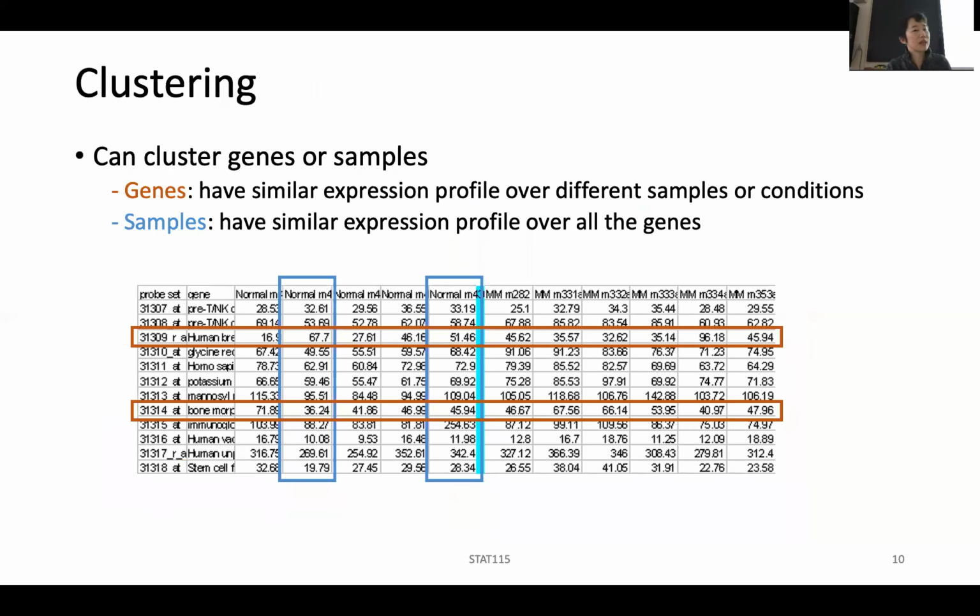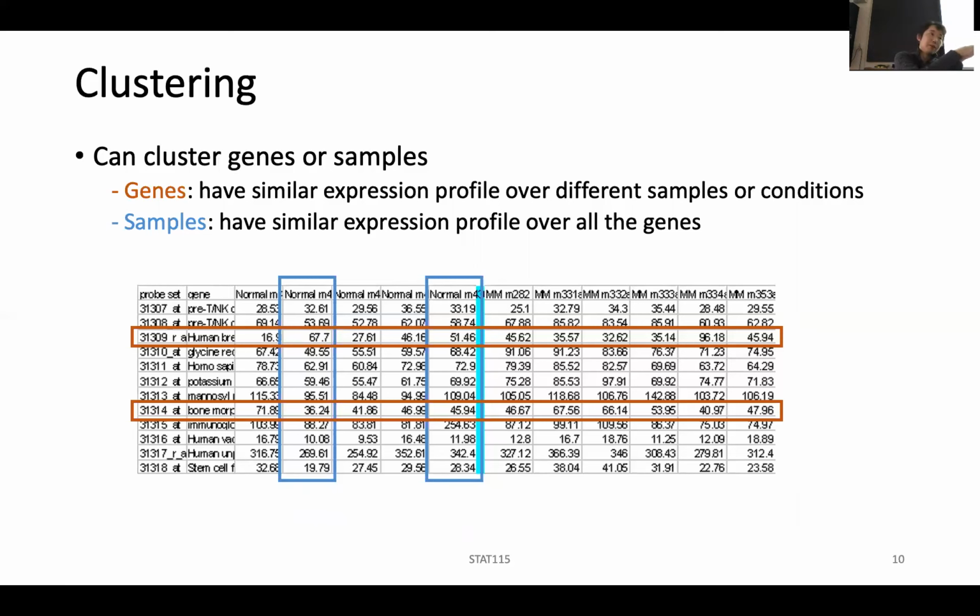That's related to clustering. So this is, say, the expression data. Each row is a gene, each column is a sample, and we can cluster in both columns or rows. If we cluster by genes, we are essentially asking, do we have genes that have similar expression across many samples or conditions?